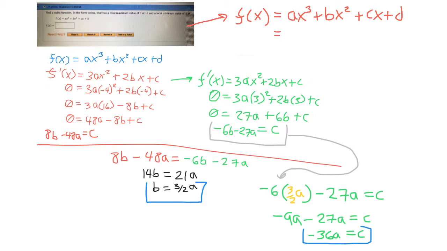Let's see. ax cubed plus b is 3/2 a, so that's going to be 3/2 a x squared plus c is -36a, so we'll actually say -36a x plus d, and that's what f of x equals.